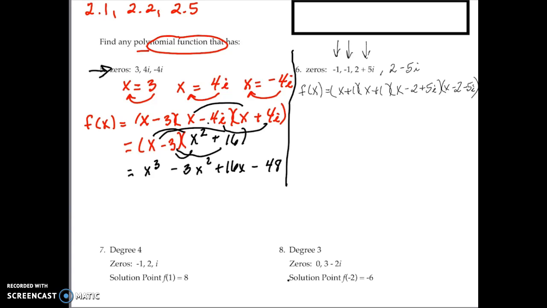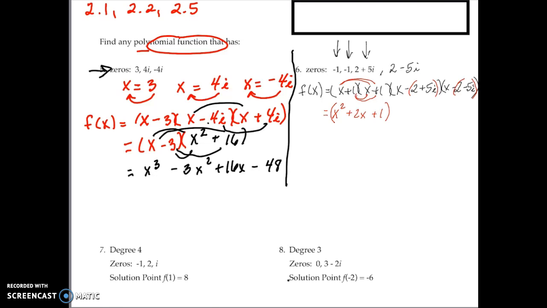All right, so now comes the task of multiplying these. Something that you might find helpful would be to leave the complex numbers in their own parentheses, and you'll see why as we go through the multiplication here. So x plus 1 times itself is x squared plus 2x plus 1.